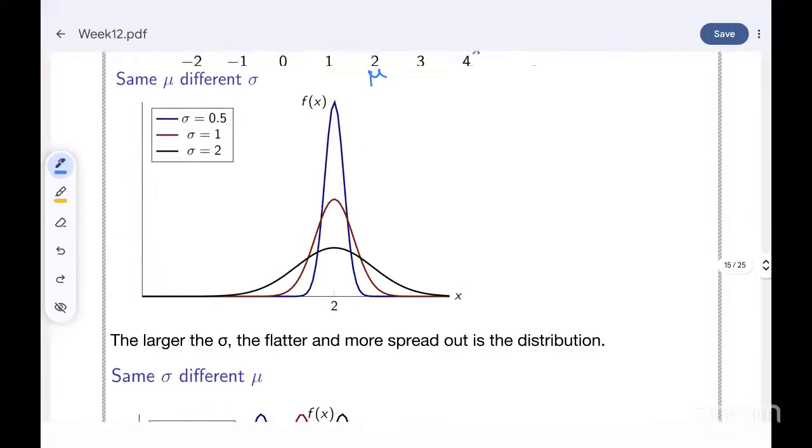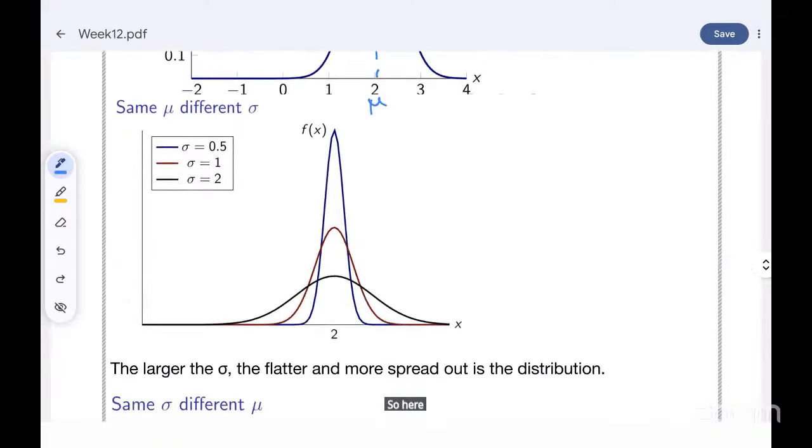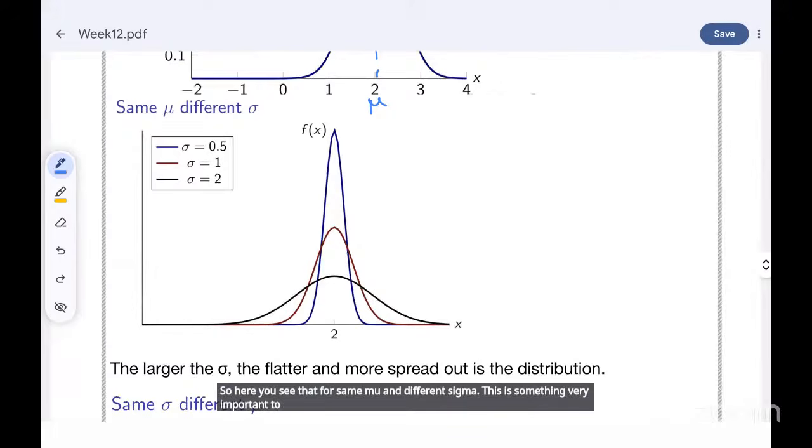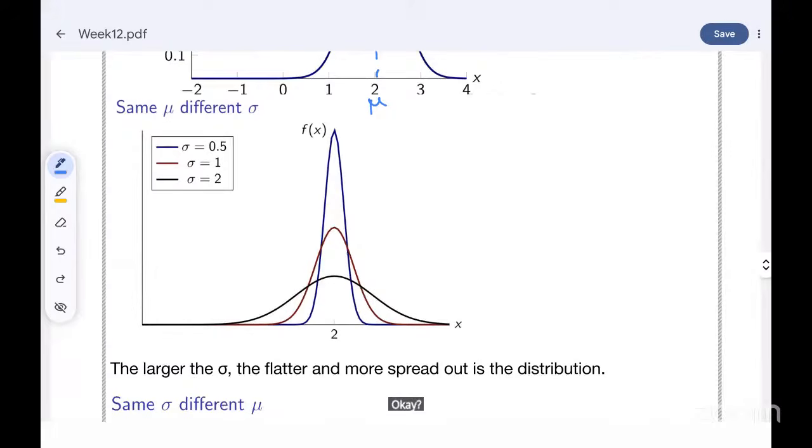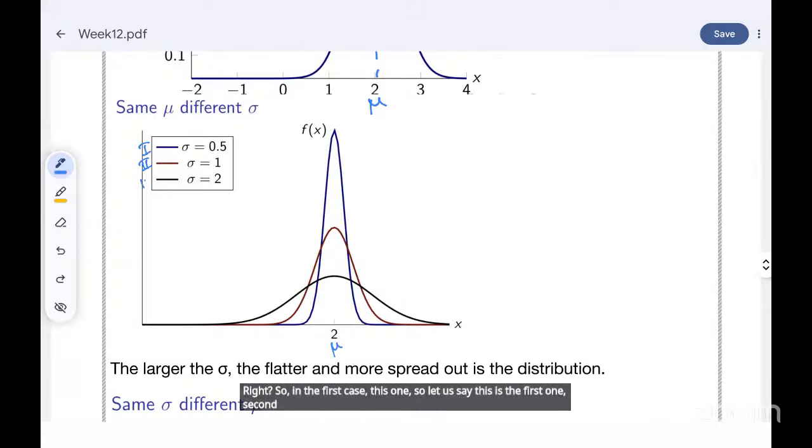Fine. So here you see that for the same mu and different sigma, this is something very important to understand. What is sigma representing? The meaning of sigma, the standard deviation, tells how far your data is spread across, right? So the mu, the mean value, is the same in all 3 data sets.